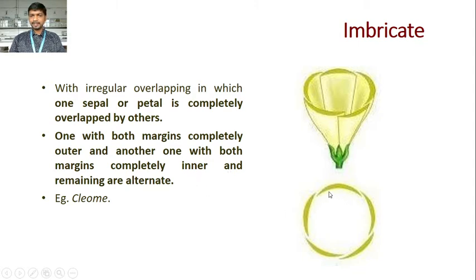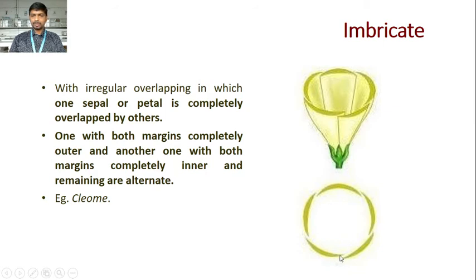Here we can see this is the petal whose both margins are towards the inner side, and this is the petal whose both margins are towards the outer side. So here one has both margins completely outer and another has both margins completely inner, and the remaining are alternate, meaning one is towards outer and the other towards inner.